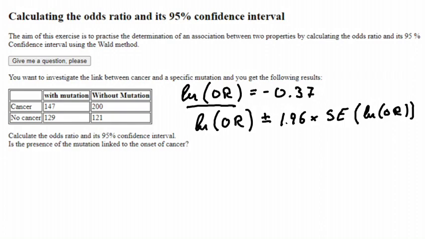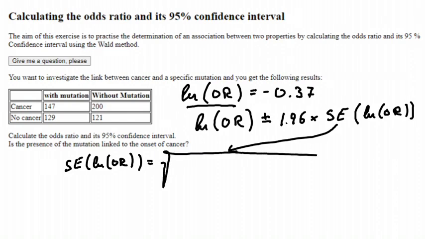How do we get this? Well, there is what is called the Wald method, and this standard error of the ln for the odds ratio is the square root of the sum of the inverses of the individual numbers.